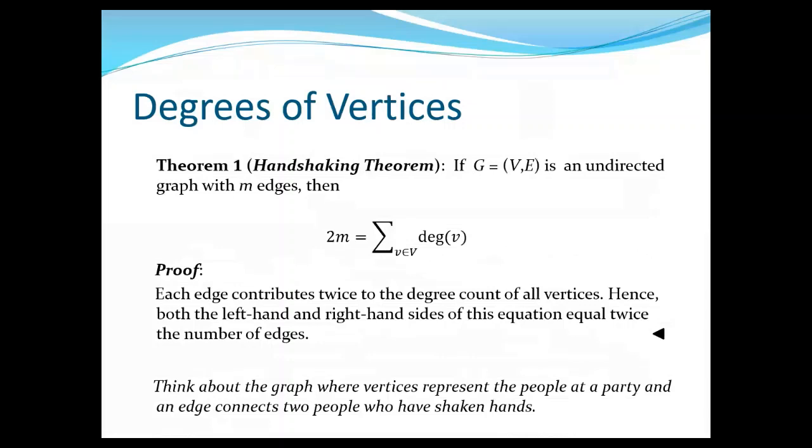Now, through the degree of vertices, we could determine the number of edges in our graph through theorem number 1, which is called the handshaking theorem.